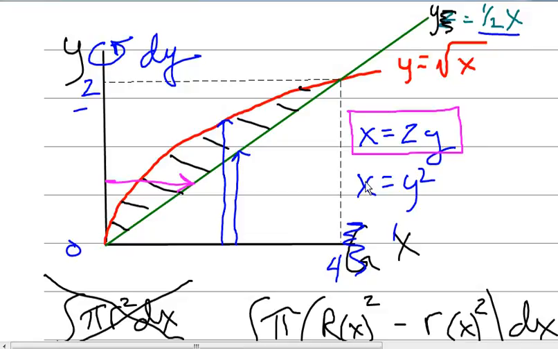That's our outside radius. And then on the inside, we start from the middle and we hit this one. That's the inside. So that's this equation. So when we set this up, we kind of reverse the position of those two functions.